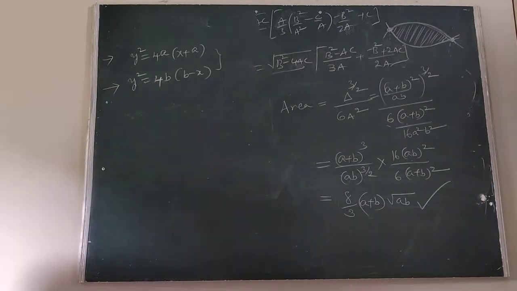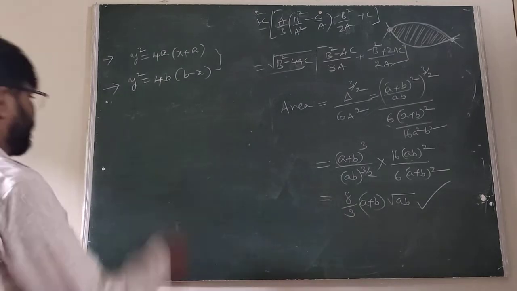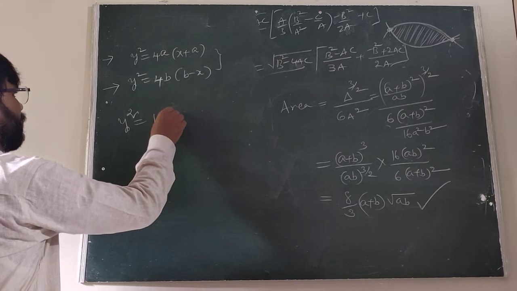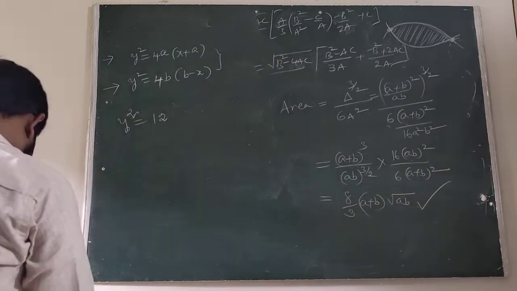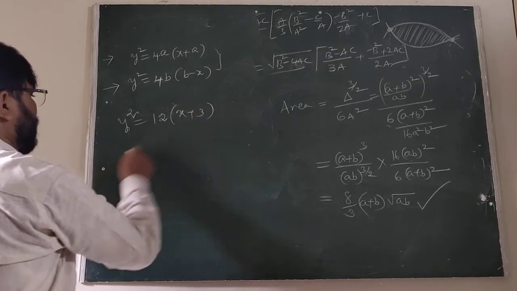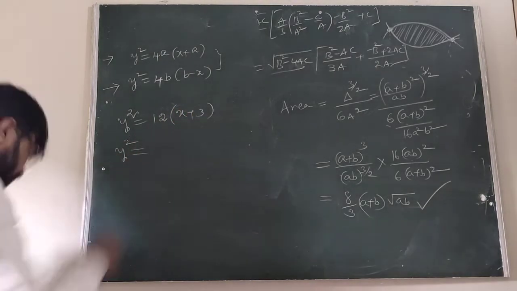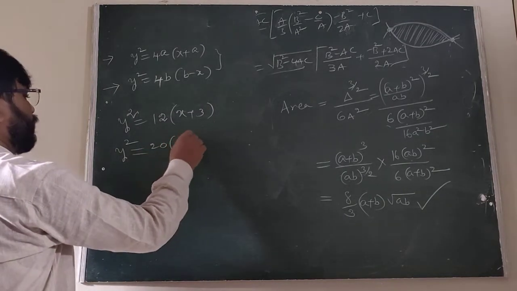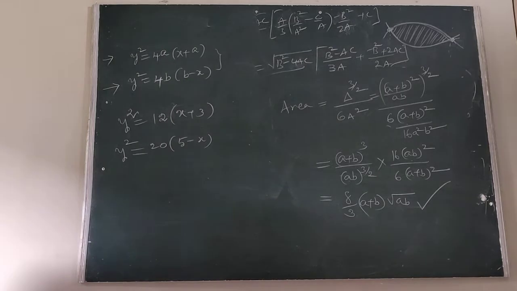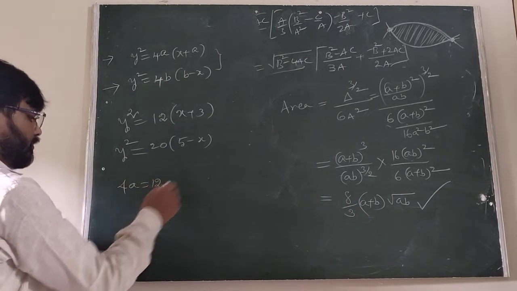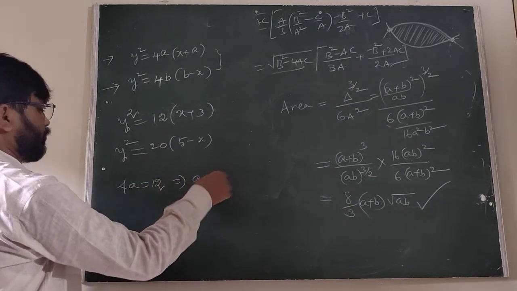Similarly, one question is there, same model: y square equals 12 into x plus 3, and another one is y square equals 20 into 5 minus x. So here we are looking, this is 4a. When you take 4a equal to 12, that implies a equals 3.